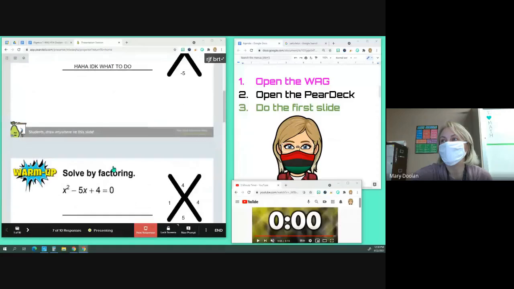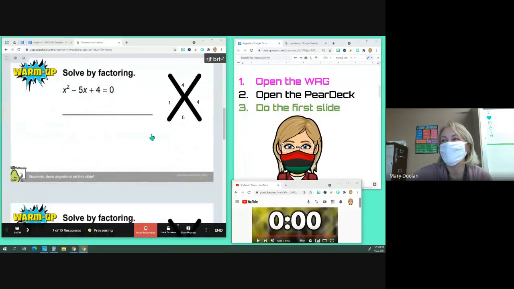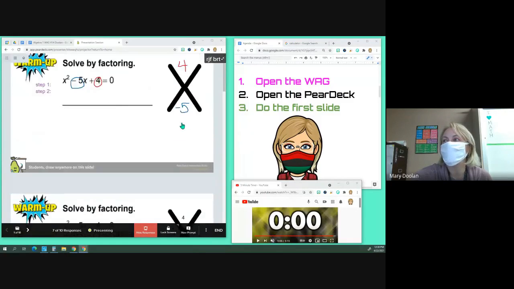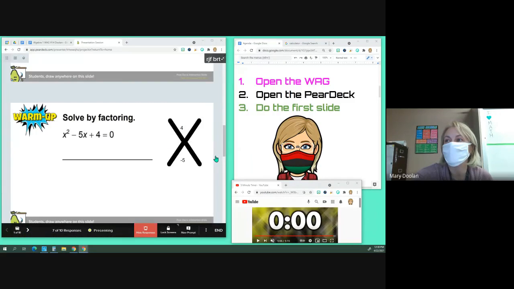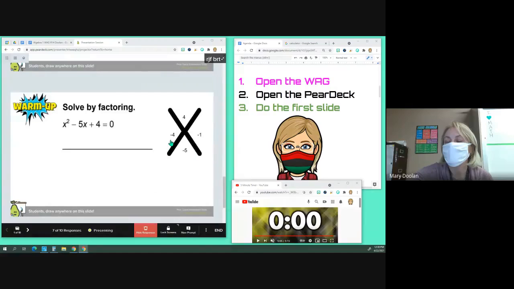And so 1 and 4, if this was just 5, then that would be good, but we have -5. So it's not just 1 and 4, but this is correct here, -4 and -1, because if I multiply these, I'm going to get +4.